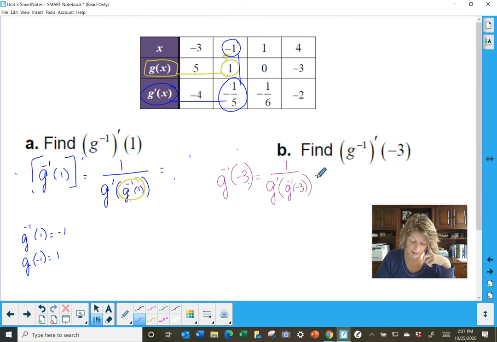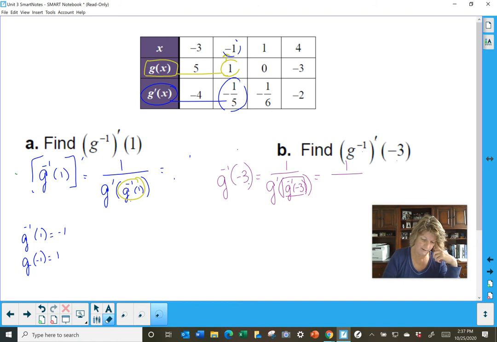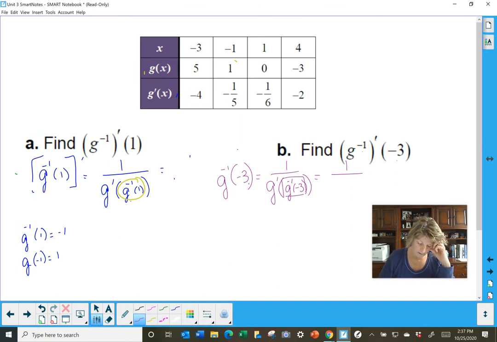Read our table backwards so that we can figure out what the x value is to G of x. G inverse of negative 3. Somewhere in this line, I'm hoping to find a negative 3.